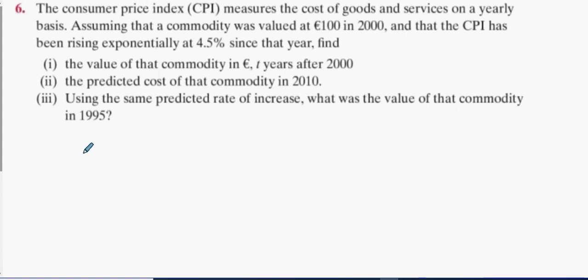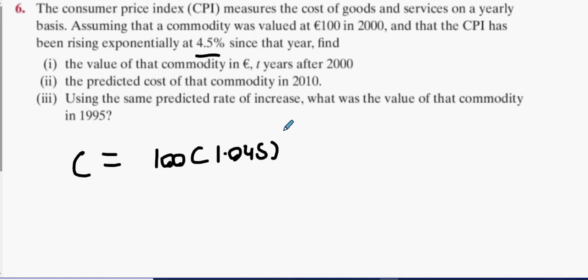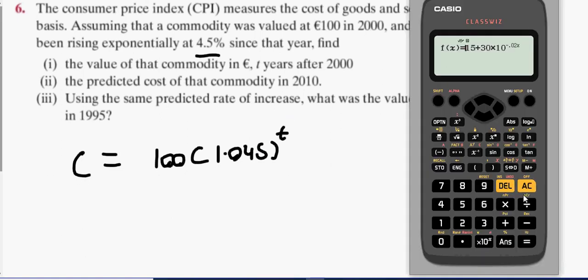The CPI or cost is going to be 100 euro multiplied by, how do you increase something by 4.5%? 1.045 to the power of t. Lob that into your good old table function, the savior of your leaving cert. It really is.